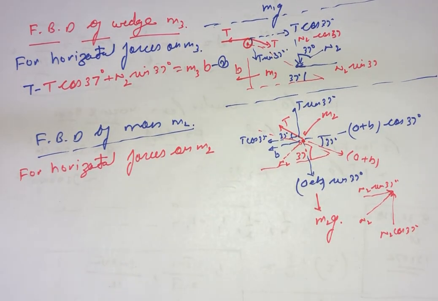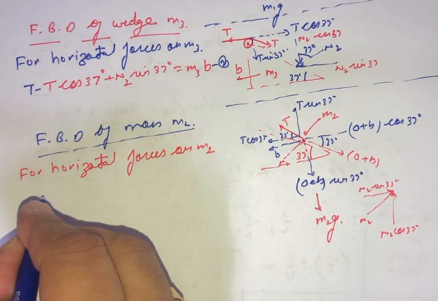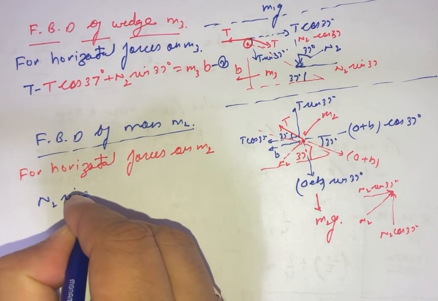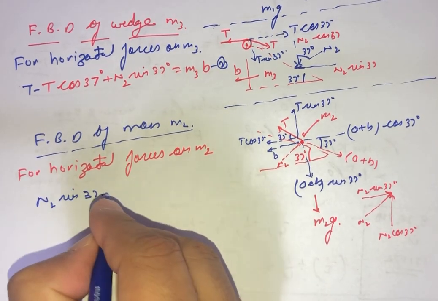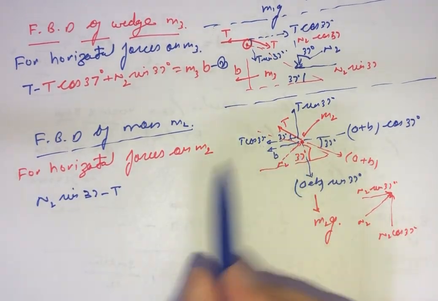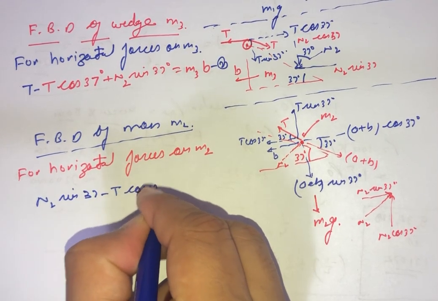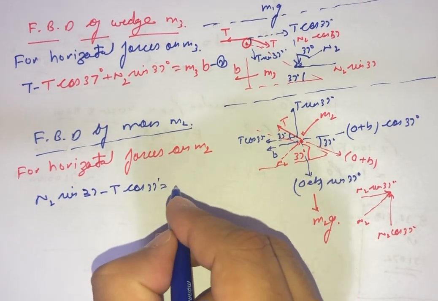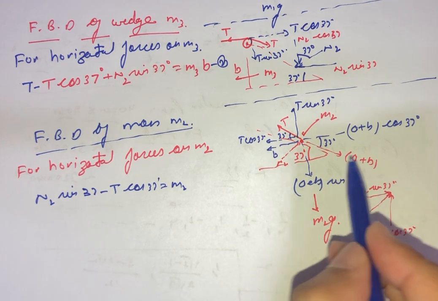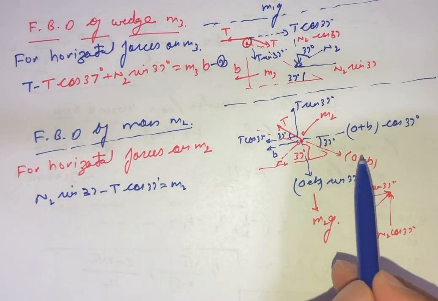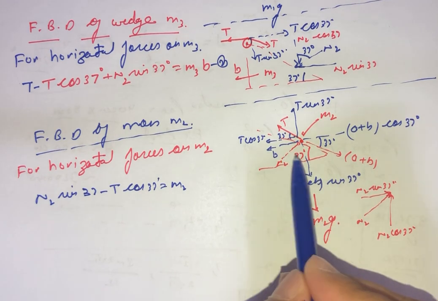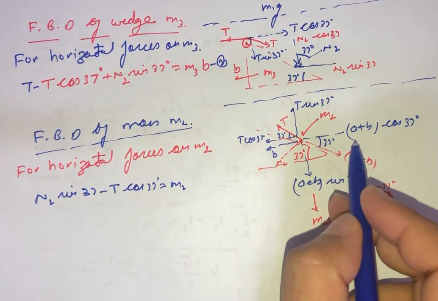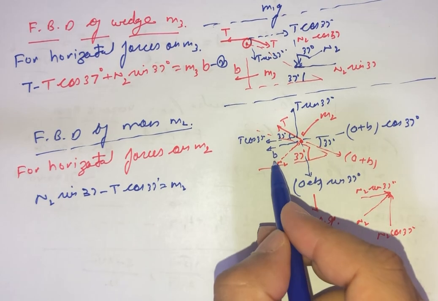So now we can write it as for all the forces, horizontal forces on M2, you can say N2 sine of 37 minus T cos of 37 will be equal to M2, and net acceleration will be a plus b cos of 37 and minus b.